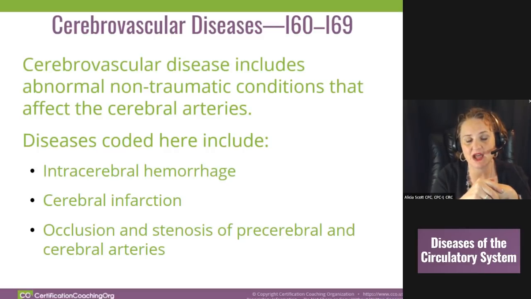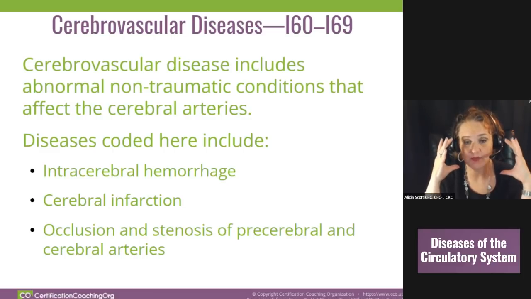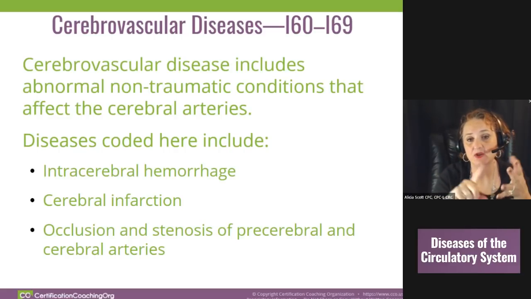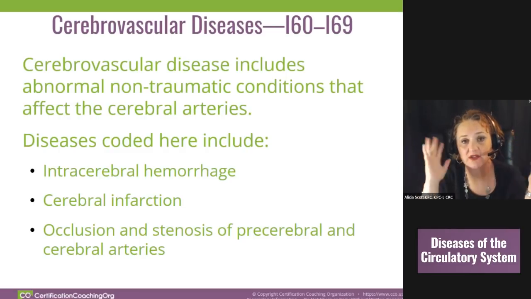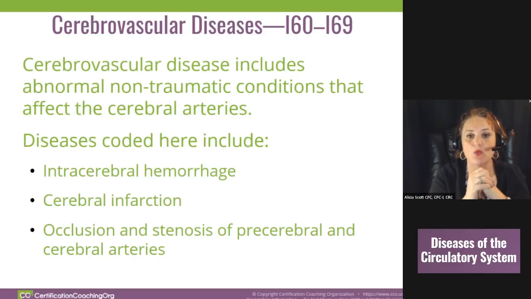I60 through I69. So if anything goes wrong with the vascular system of the brain, now we have to divide this up. Is it going to be traumatic or non-traumatic? Traumatic means we've been hit on the head, some outside force has traumatized the vascular system.